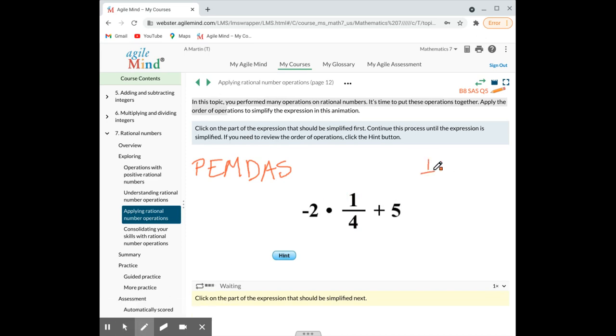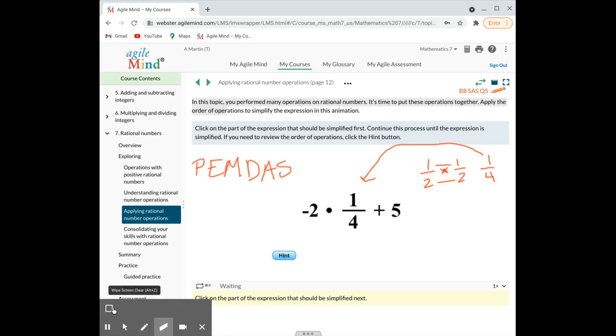So 1/2 times 1/2. 1 times 1 is? 1. 2 times 2 is? 4. Isn't that what they have here? Yes. All right. So what are we going to do for our next step?